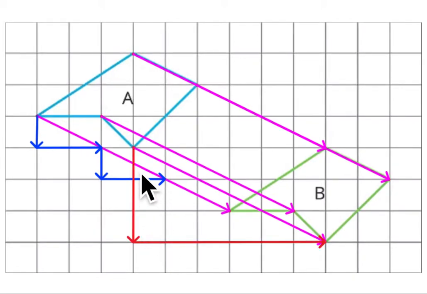So if you do it in one step, it's going to be 3 times this 1 unit, 1, 2, 3, and 3 times this 2 units, 1, 2, 3, 3 times 2 is 6 units. So this is down 3 units and to the right 6 units, 1, 2, 3, 4, 5, 6.